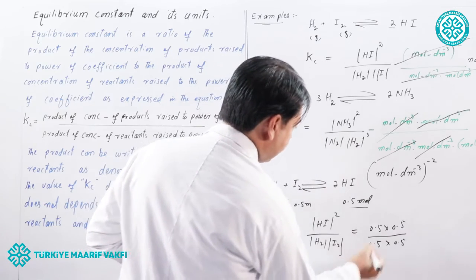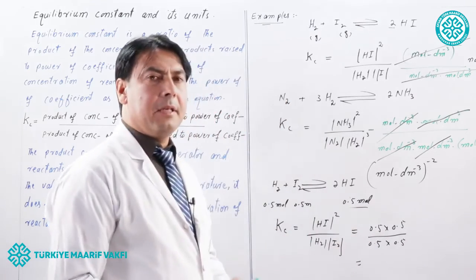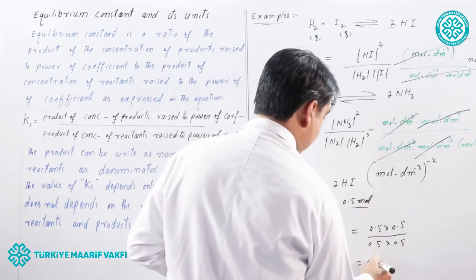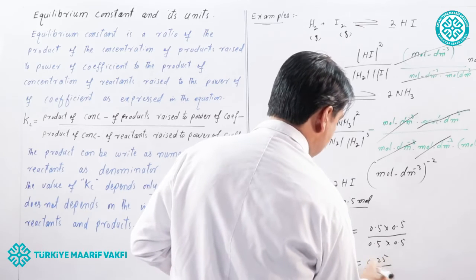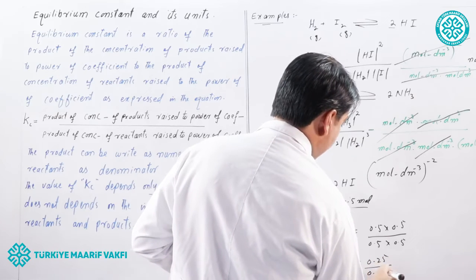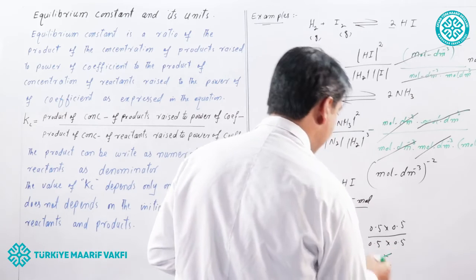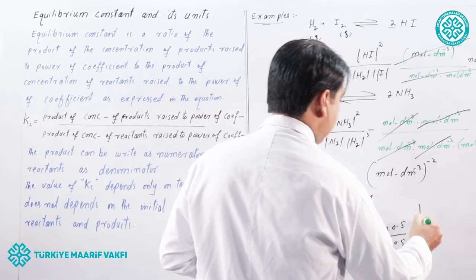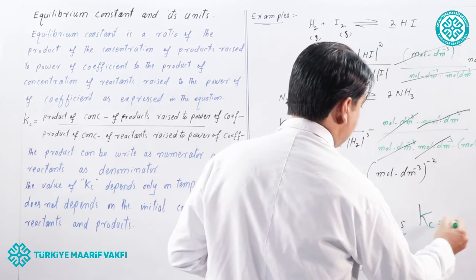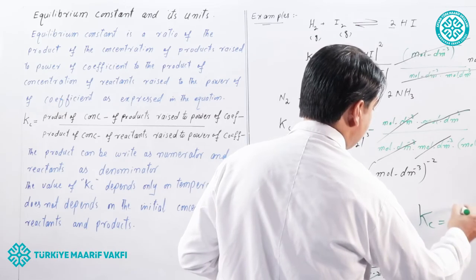If we multiply this, 0.5 multiplied by 0.5 is 0.25, and 0.25 divided by 0.25, so they can be cancelled out with each other. So what will be the value of Kc? The value of Kc is equal to 1.